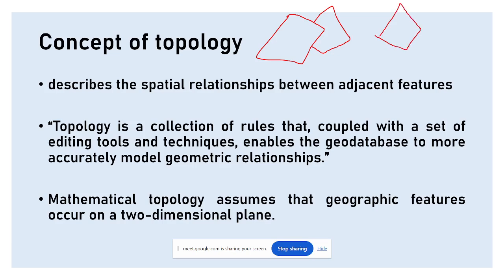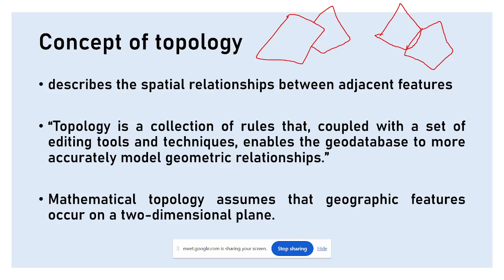If I'm drawing like this and I'm trying to draw another one like this, at times in such software, when you do it manually, there is a chance that this boundary and this boundary may not overlap. Rather, you might find some kind of gap in it. That happens in software which does not have topology.